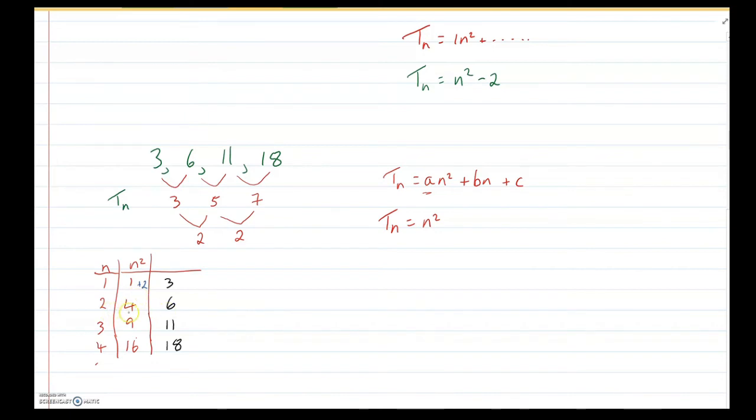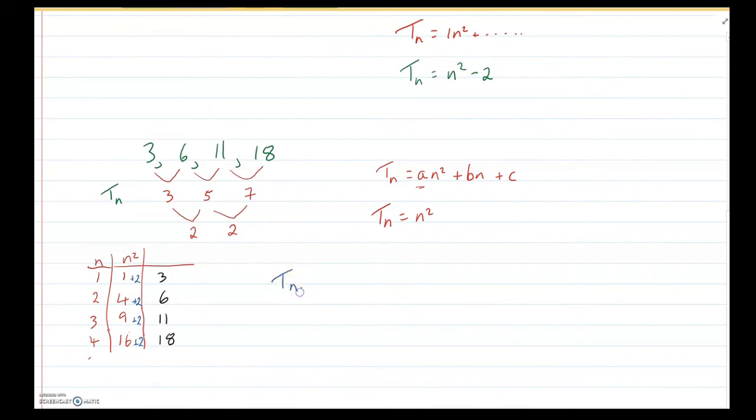For the second term, what do I have to do with n squared to get to the actual term? Again, I have to add 2. And you'll find for all of these that adding 2 to n squared gives you the sequence up here. So that means that Tn for this sequence is equal to n squared plus 2.